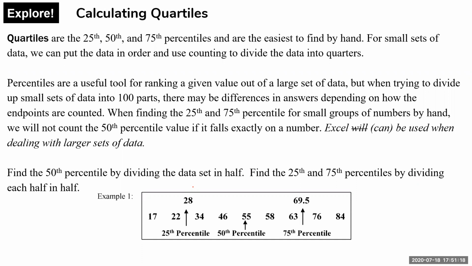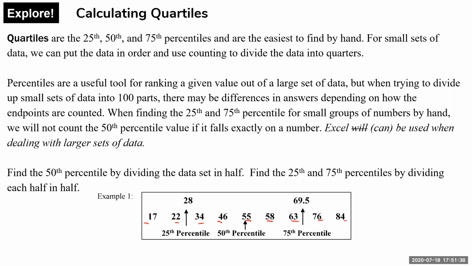Okay. Now we look at how you can find the same percentiles, referred to as quartiles, when you have a set of data, right? So here, if we had 1, 2, 3, 4, 5, 6, 7, 8, 9.